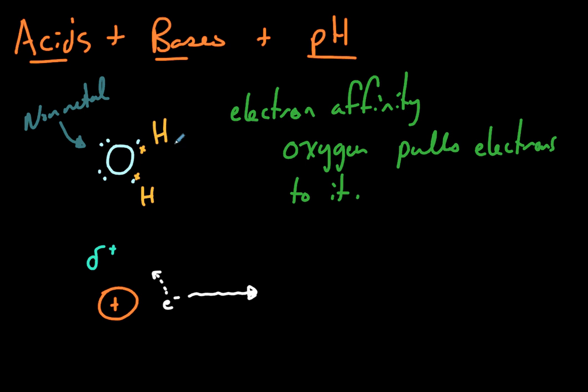So if we imagine that instead of this electron zipping around back over here, it gets pulled into this bond and stays inside here, we can imagine that water is going to have a positive part over here, and this little symbol just indicates that it's not a true ionic charge, but it means that there's a polarity to this molecule.